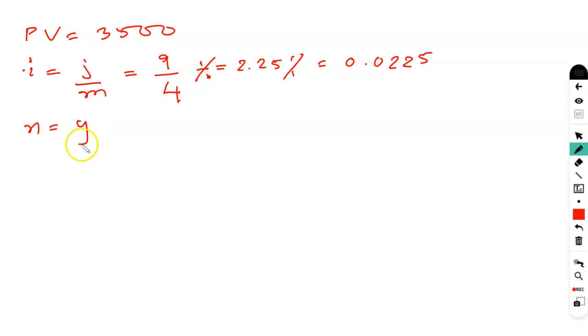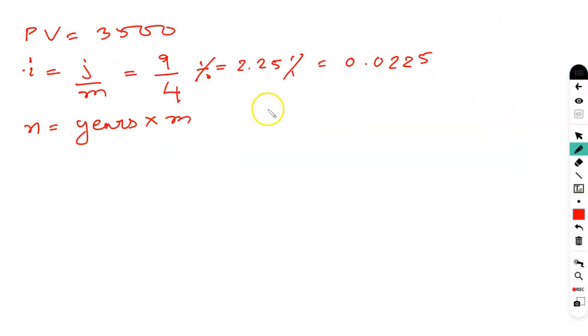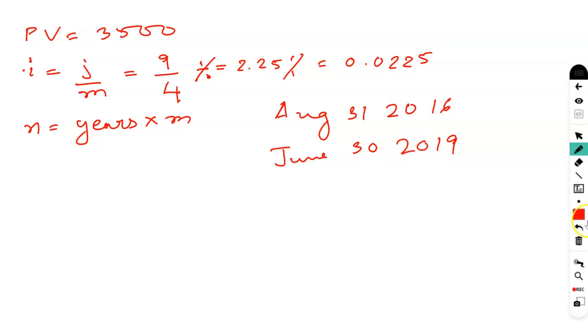Right, next is your n. For that, we have the formula years multiplied by m, and we can calculate the number of years from August 31st, 2016 to June 30, 2019. We need to count the number of years and months.